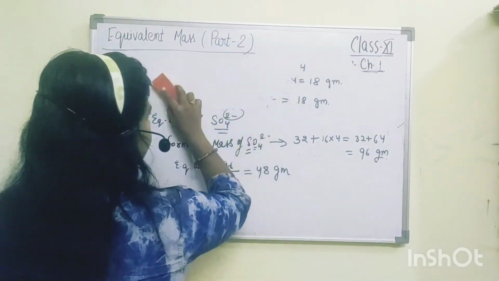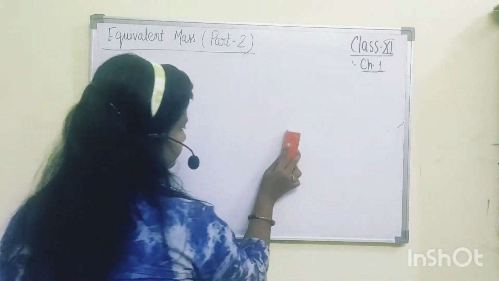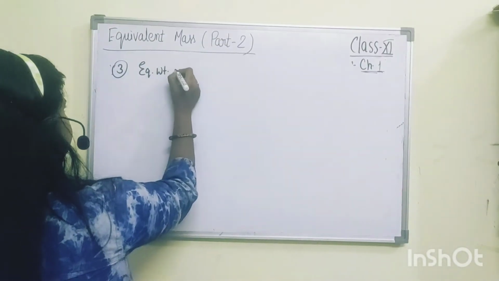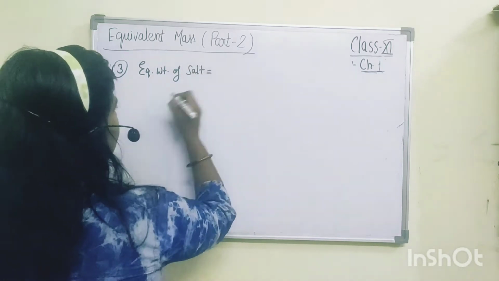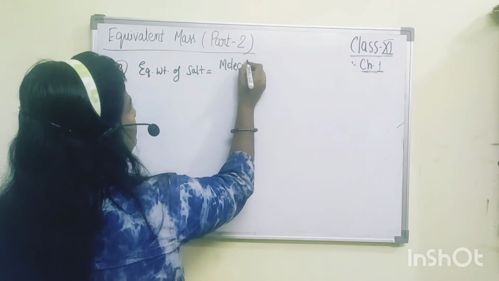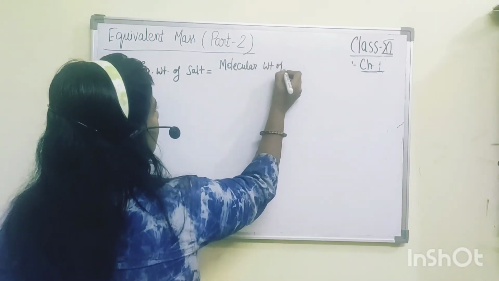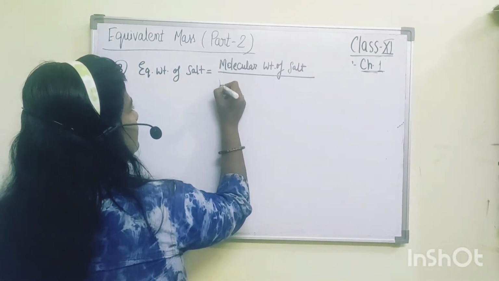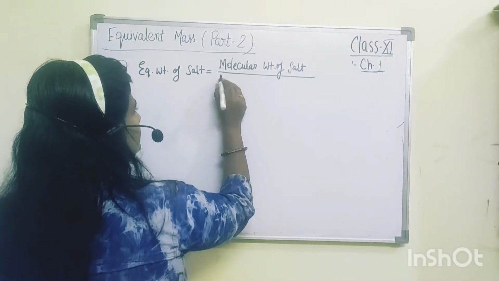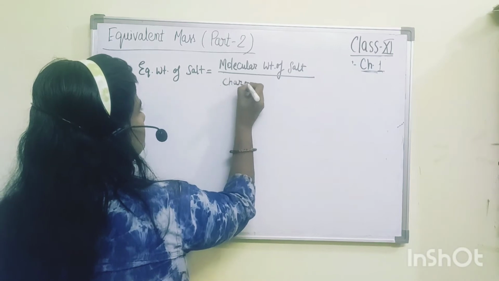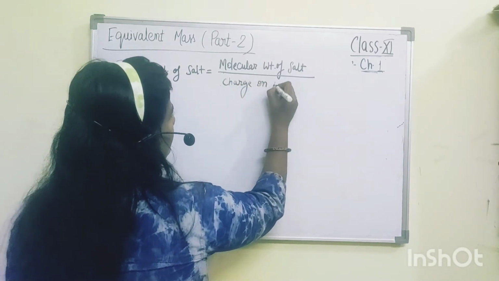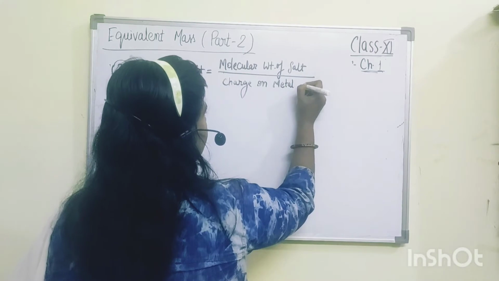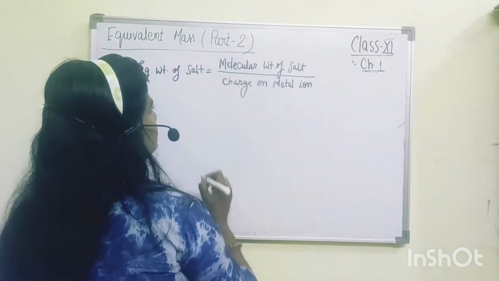Equivalent weight of salt, the third formula: the equivalent weight of a salt will be equal to the molecular weight of the salt divided by the charge on the metal ion.